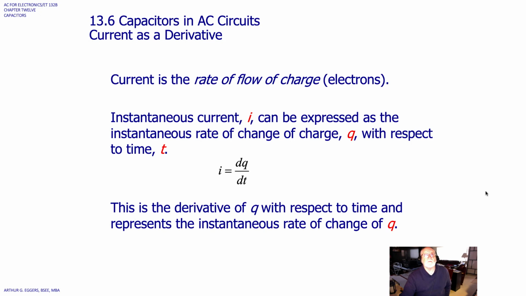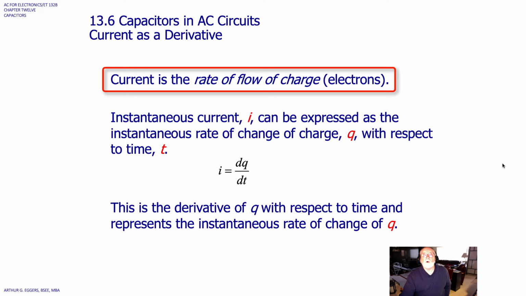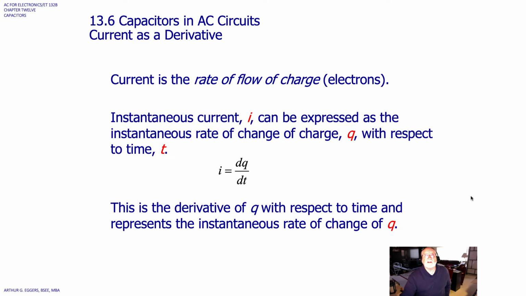So the derivative. Current as a derivative is defined as the rate of flow of charge, or the electrons, through the circuit. Instantaneous current, we use a little i instead of a capital I, can be expressed as the instantaneous rate of change of a charge. In this case we use a lowercase q to characterize this, with respect to time, little t.